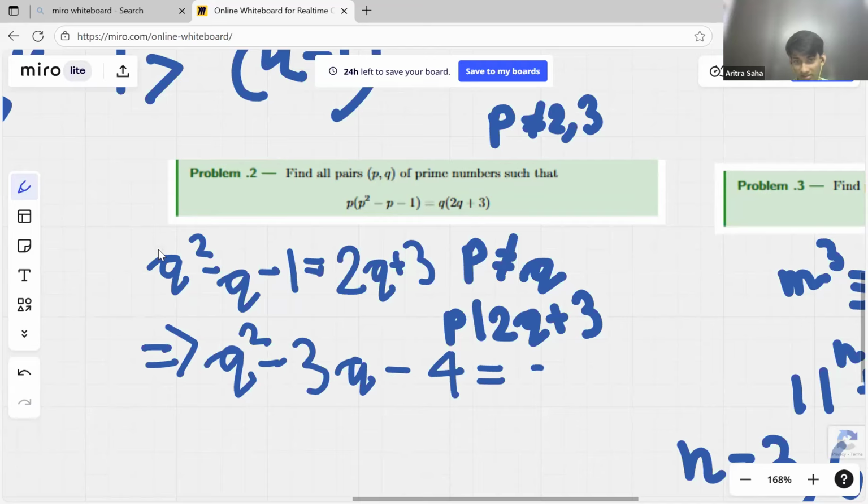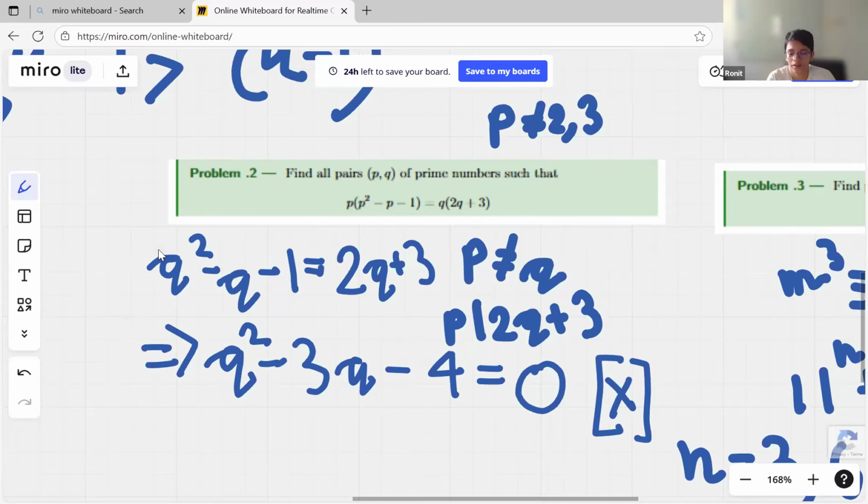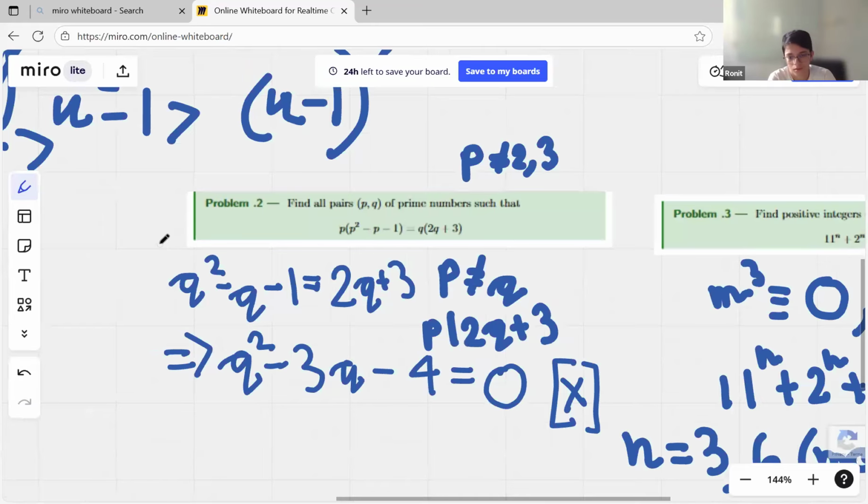If I'm not mistaken. We just have to solve the quadratic, and this has no solution. The solution is like q equals 4, which is not a prime. Ah, yeah, okay, that makes sense.